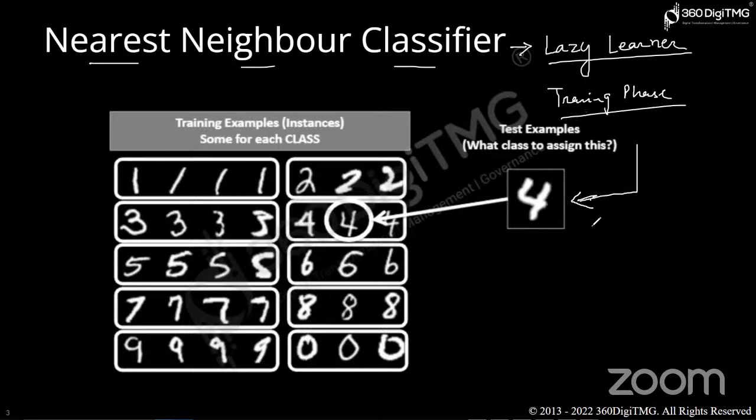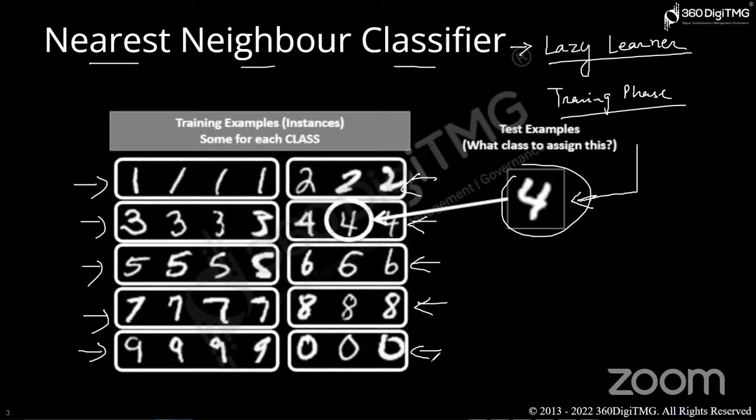When it gets a test sample, it compares this test sample with all the samples using the distance formula, and whichever sample is the closest, it will be categorized in that category.